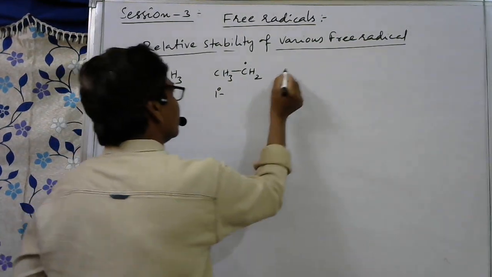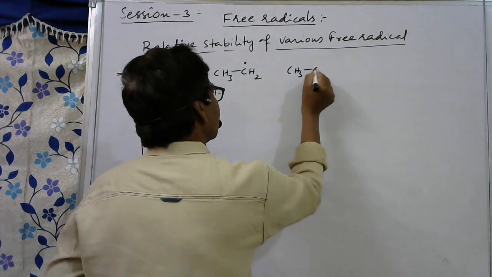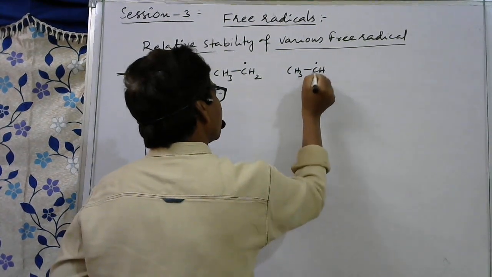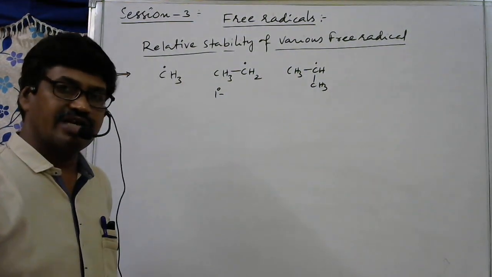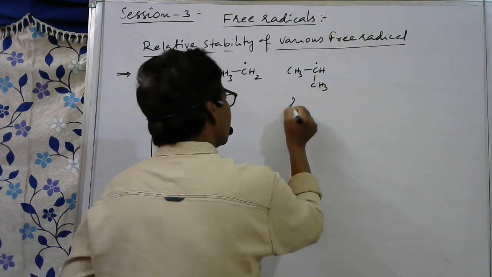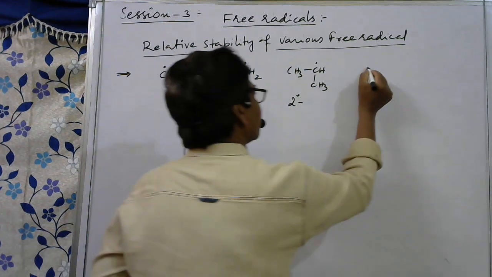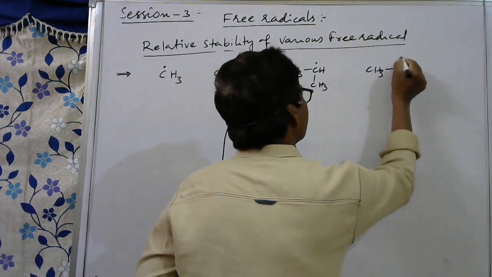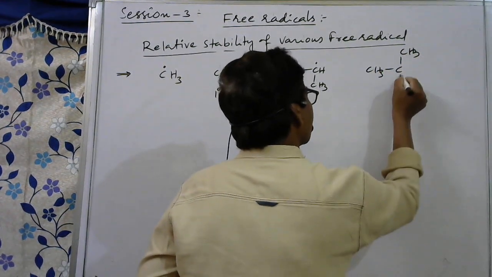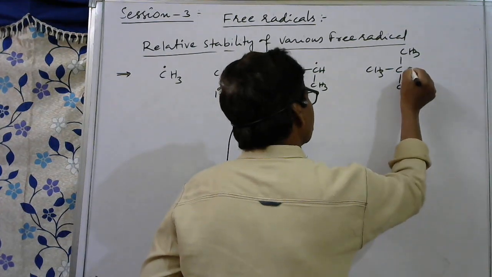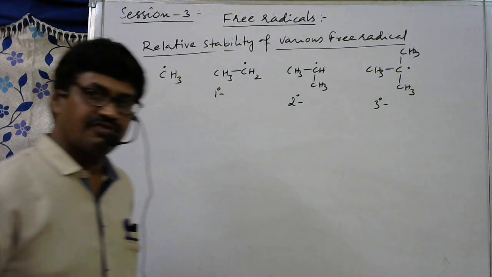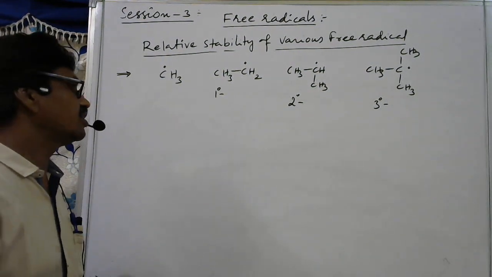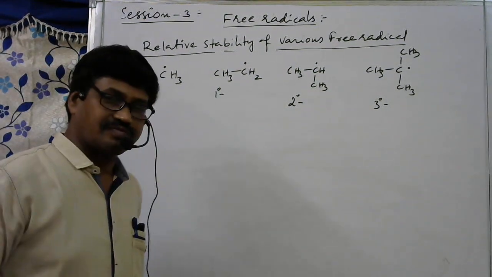Then CH3 CH dot CH3. This is the secondary free radical, the secondary propyl free radical. Then CH3 C dot with CH3 and CH3. This is the tertiary butyl free radical. So here only one electron is present.